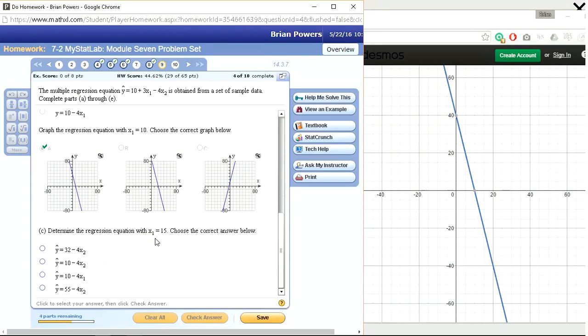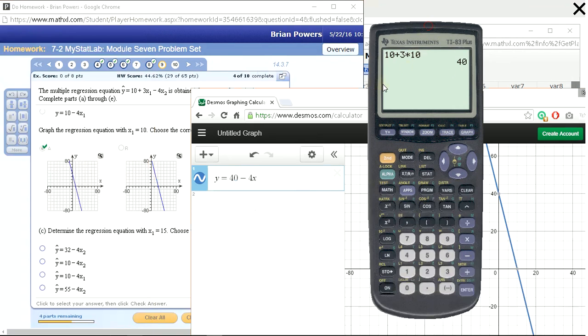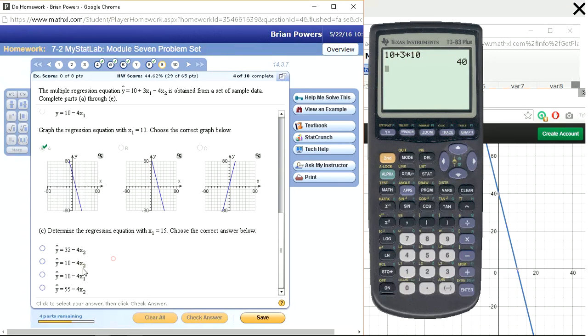Okay, a regression equation if x1 equals 15. So let's go back to our calculator. If x1 is 15, we would have 10 plus 3 times 15 minus 4x2.